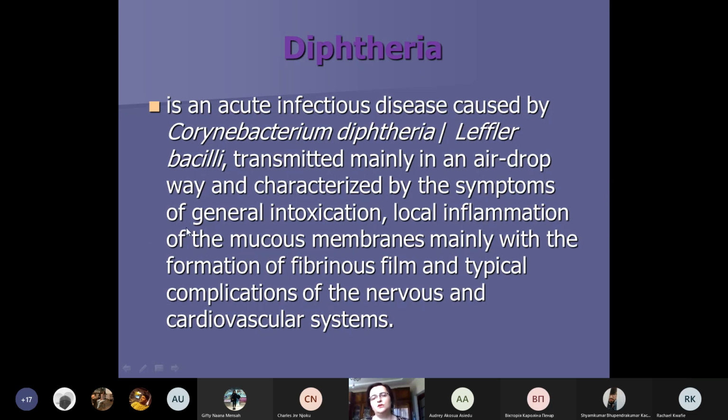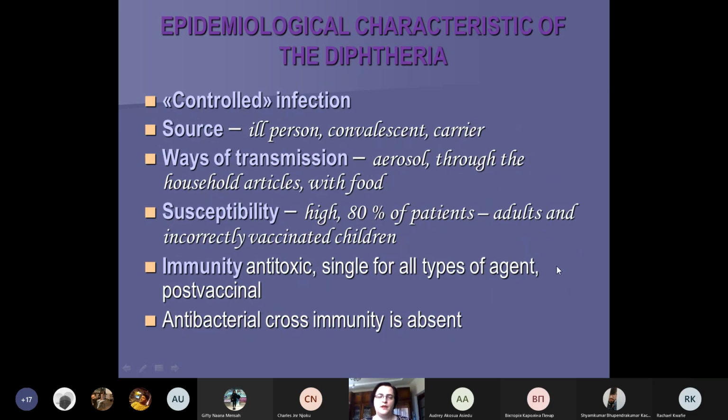It is transmitted mainly by the airborne droplet route and characterized by symptoms of general intoxication, local inflammation of the mucous membranes, mainly with the formation of fibrinous films, and typical complications of the nervous and cardiovascular system.